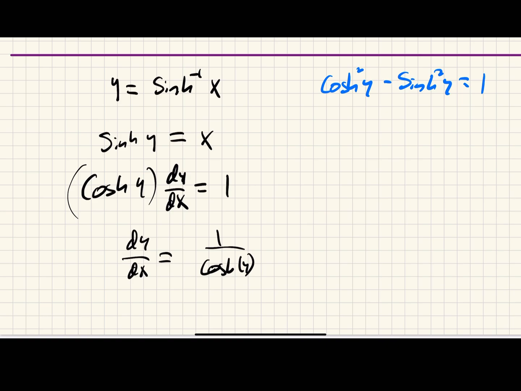So if I was to add square of hyperbolic sine to both sides, I'd have square of hyperbolic cosine equal to 1 plus square of hyperbolic sine, right? I'm getting in a hurry and I'm making it messy.